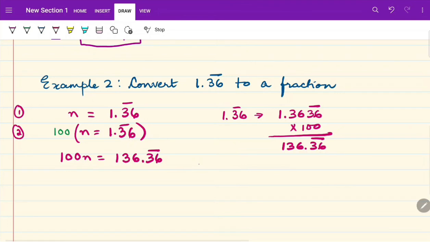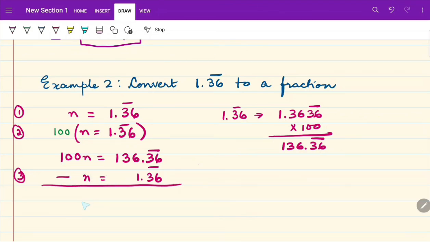All right, so now that we completed the multiplication, the next step is to write the initial equation under the multiplied equations, which is n equals 1.36 bar, and perform a subtraction. We subtract the two equations.